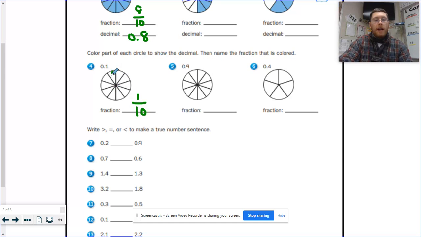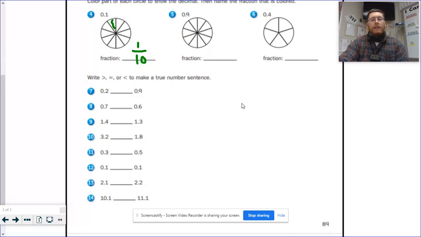So I have 1 that I have to color in. I'm done. Now 5 is pretty easy. You just have to figure that one out. 6 can be a little challenging, but I'm going to let you know they already gave you that this is 4/10. So you kind of have to work backwards. So instead of multiplying by 2 to come up with your answer, you have to divide by 2. So 10 divided by 2 equals, how many pieces do we have here? So I'll leave you with that.